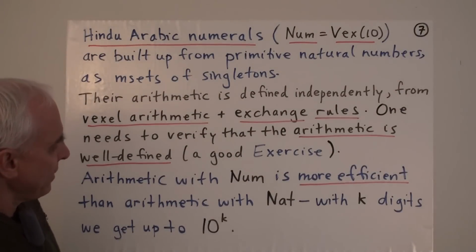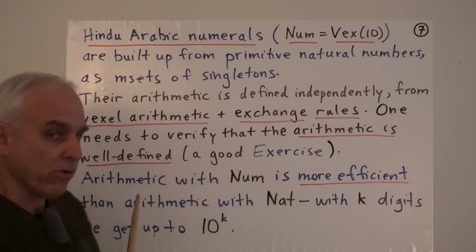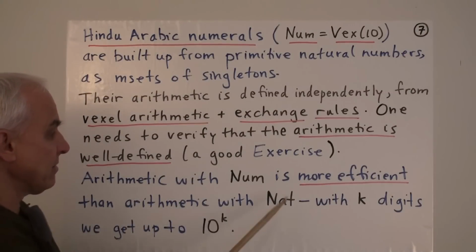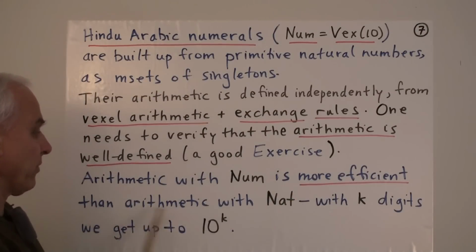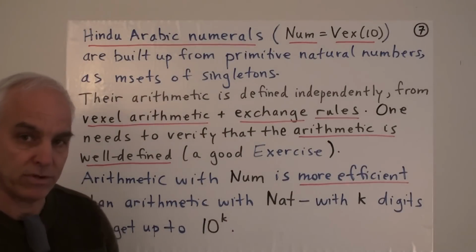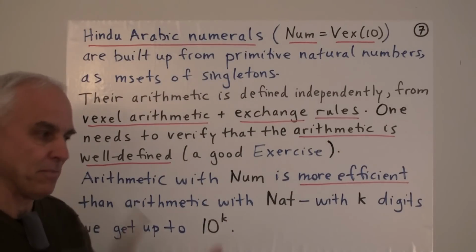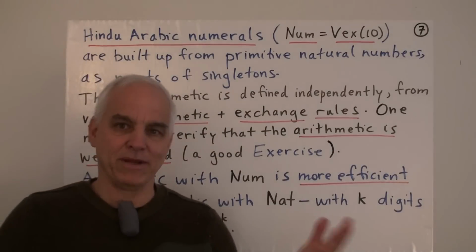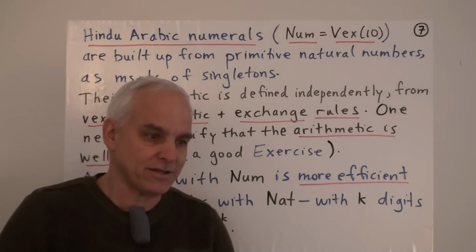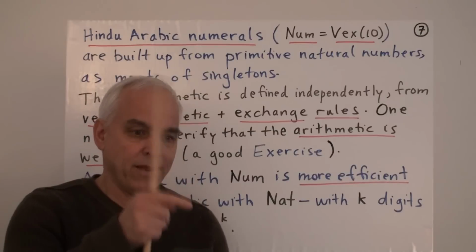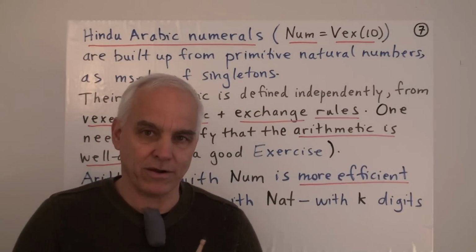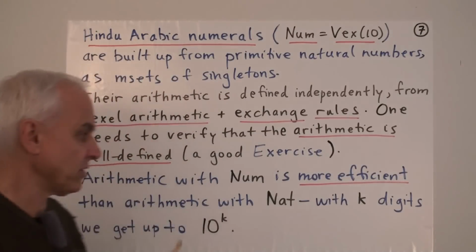And we see that the arithmetic with these numerals, these Hindu Arabic numerals, is actually quite a lot more efficient than arithmetic with our primitive natural numbers. That's the point and the beauty of the Hindu Arabic system, right? It's a lot simpler than just working with strokes on a piece of bark. Much more efficient.